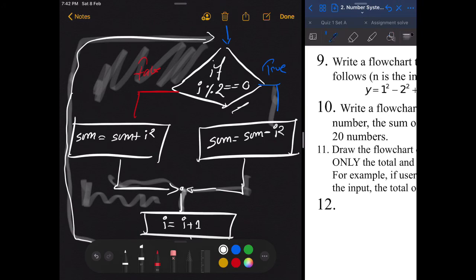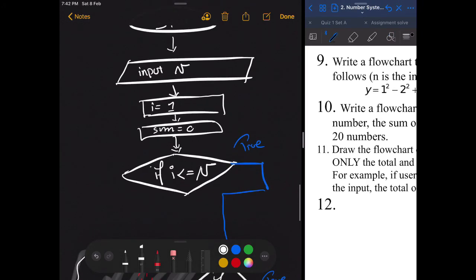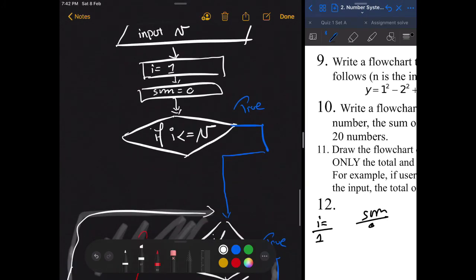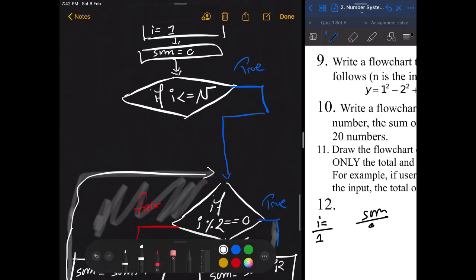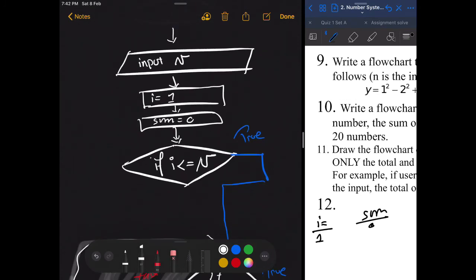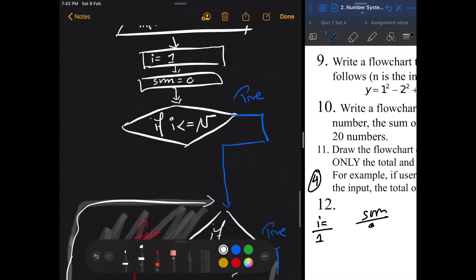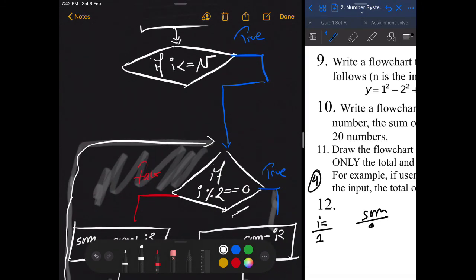Initially our value of I is 1 and value of sum is 0. So is I less than n, where the value given by the user is, let's say, 4? Is I less than 4? Of course I is less than 4, right? So it goes down.